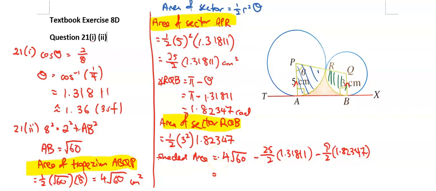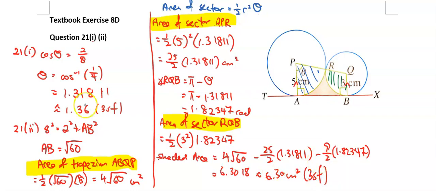On your calculator, you should get 6.3018. When you round off to 3 significant figures, it will be 6.30 cm squared.